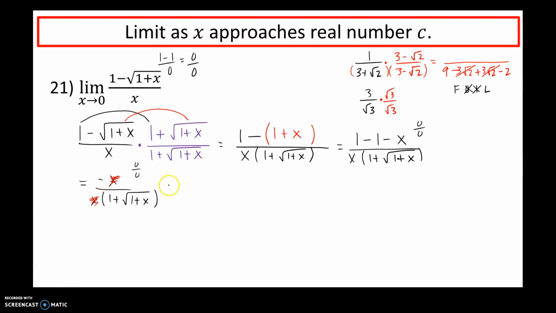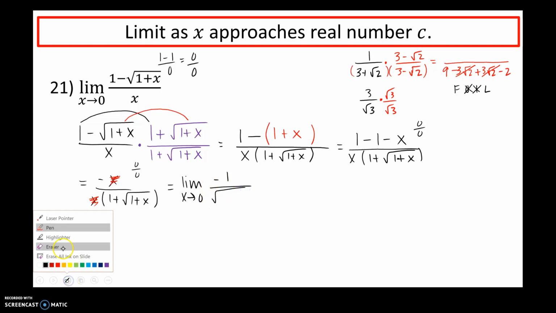So once you've made that simplification, once you get something to cancel, now I'm going to reintroduce my limit statement. And my simplified function will now be negative 1 over 1 plus square root of 1 plus x.